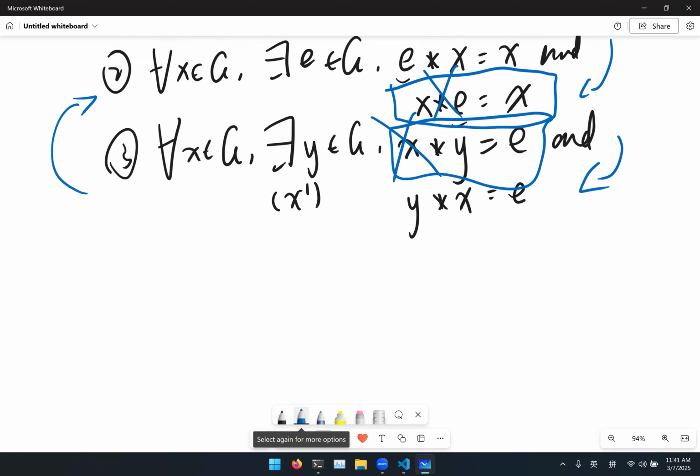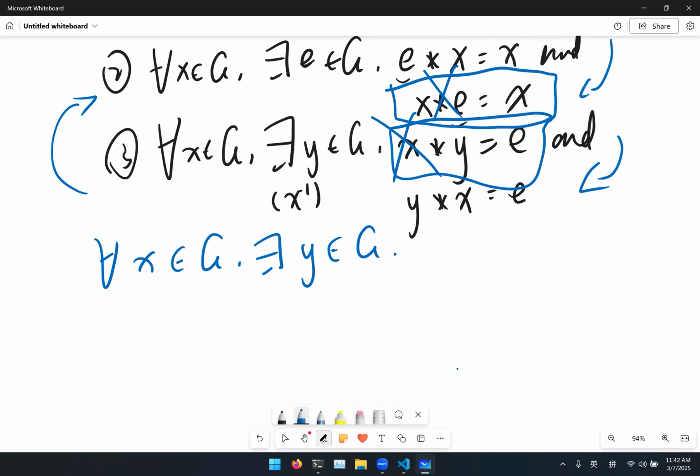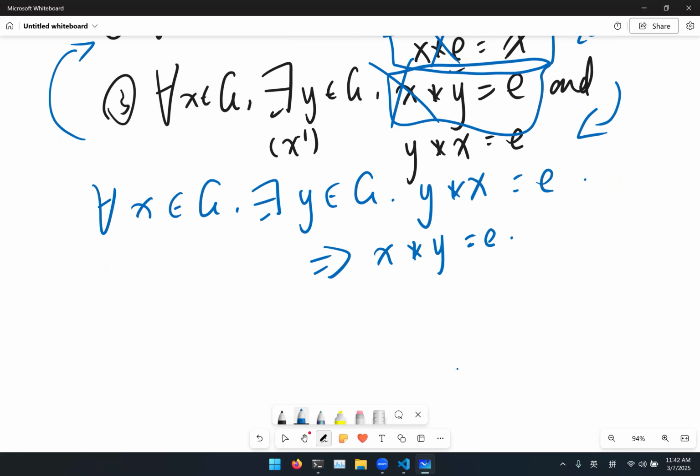What we actually want to prove is that for arbitrary x in G, there exists y in G such that y multiply x equals e. And we want to derive that also with the same y, we have x multiply y equals e. It's a little bit tricky, but I will show you.